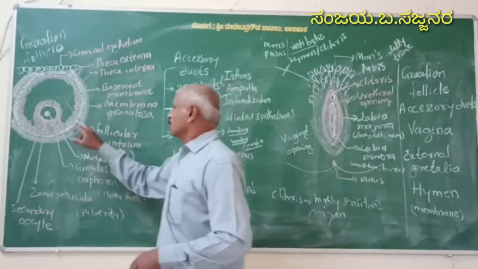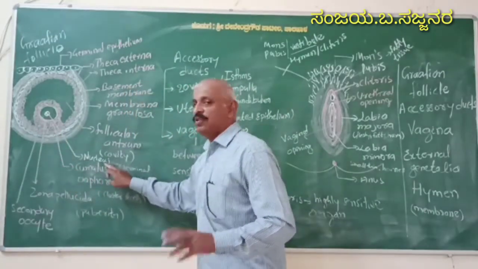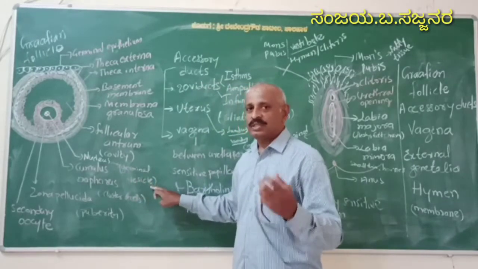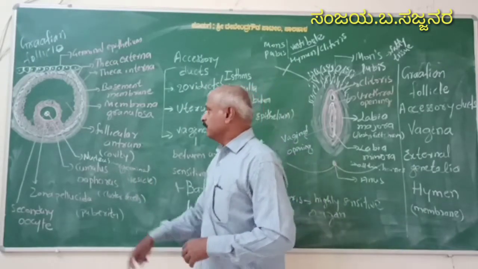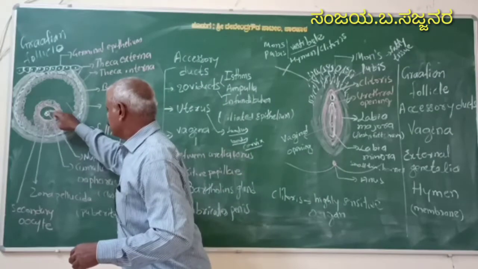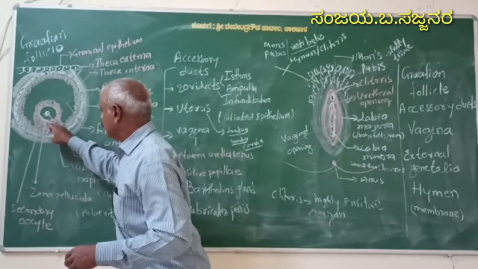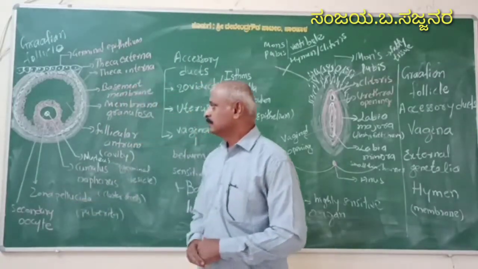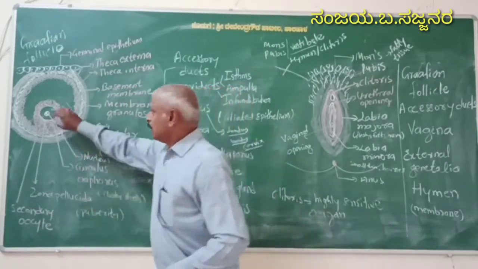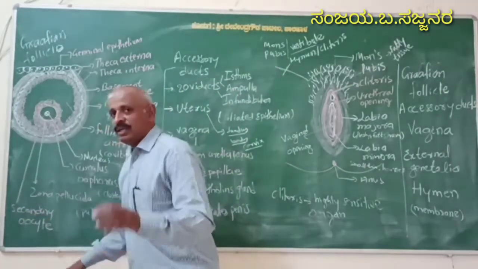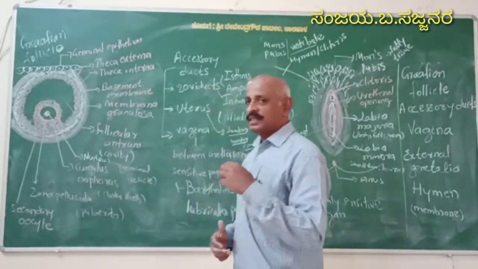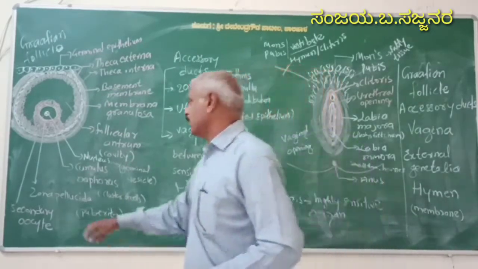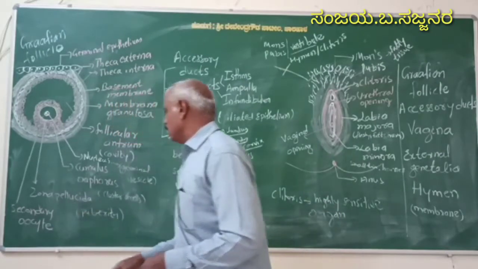The central one we call the nucleus, or the germinal vesicle, and this is covered by a layer called the zona pellucida. The cell is the secondary oocyte, covered by the zona pellucida.